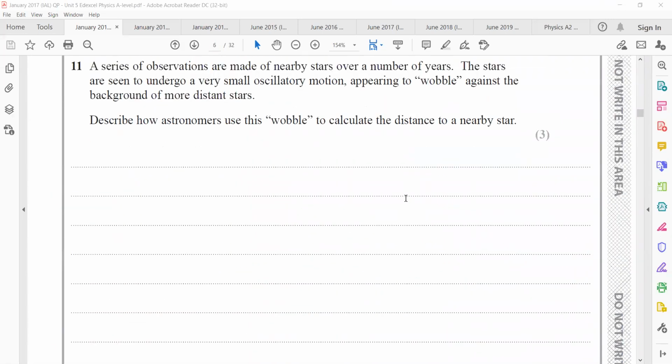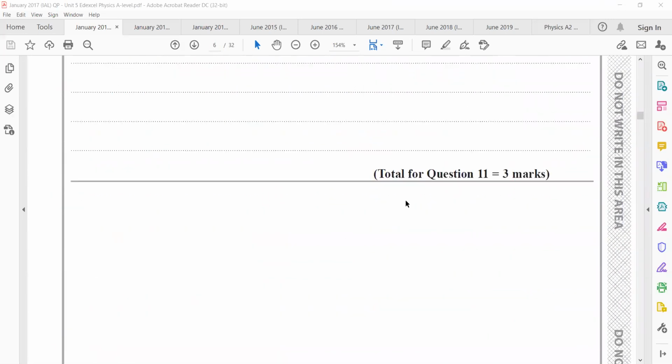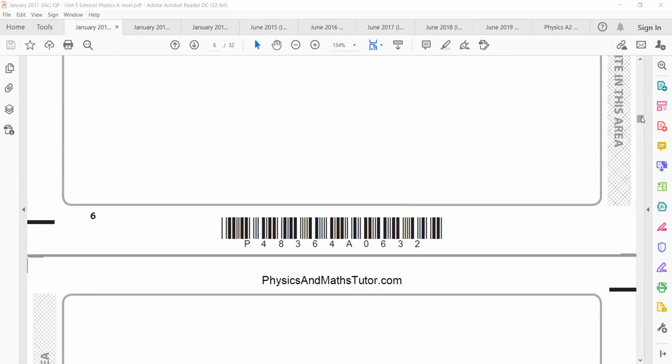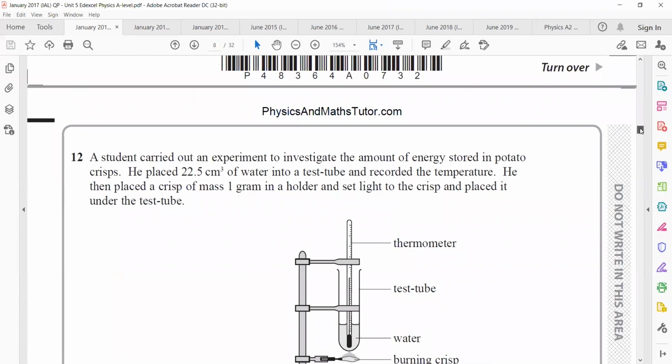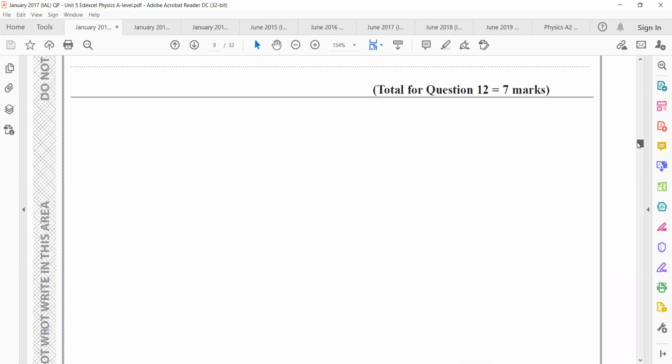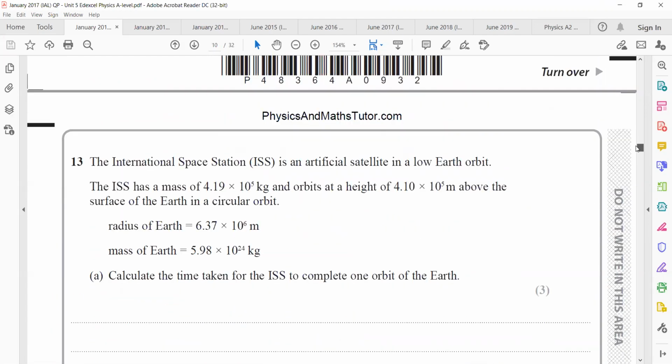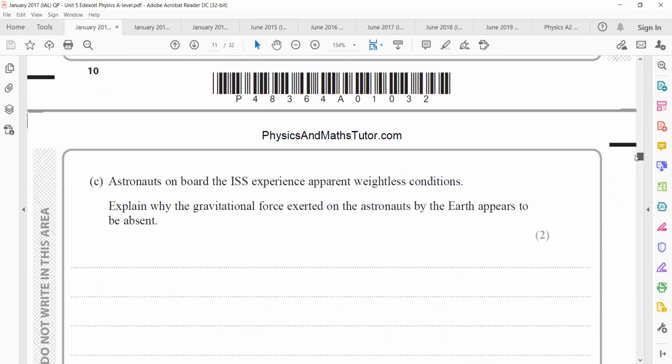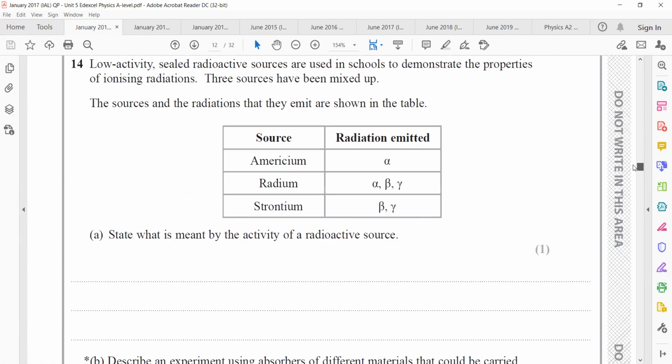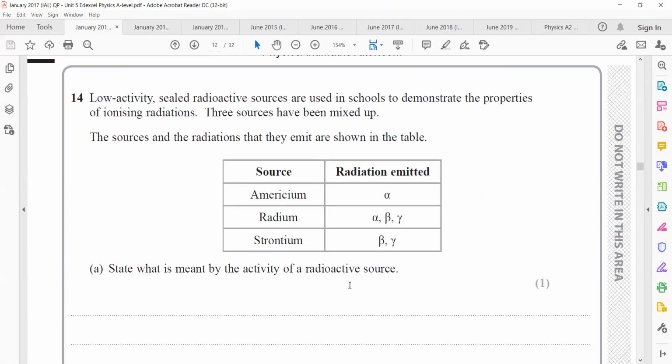So, in question 14, low activity sealed radioactive sources are used in schools to demonstrate the properties of ionizing radiation.